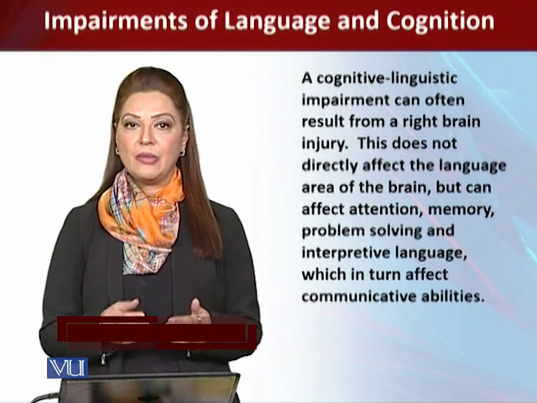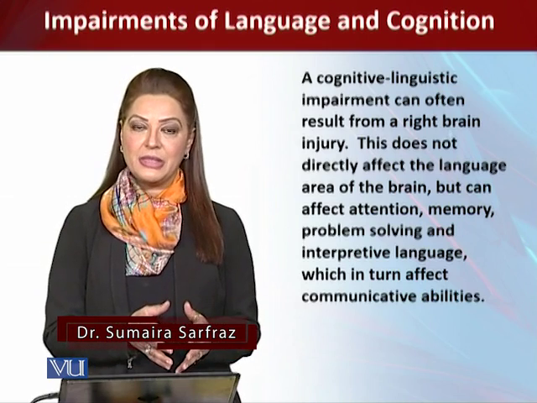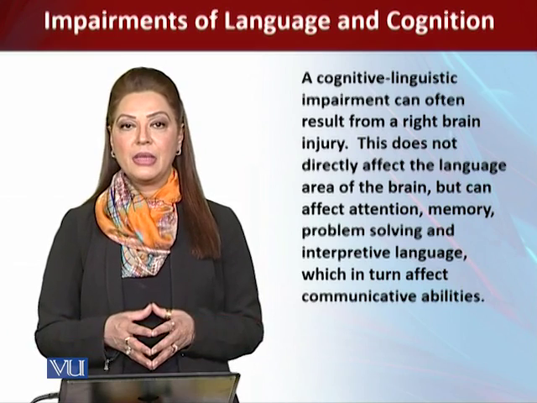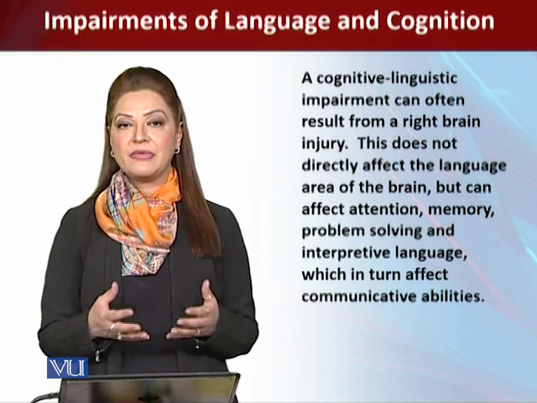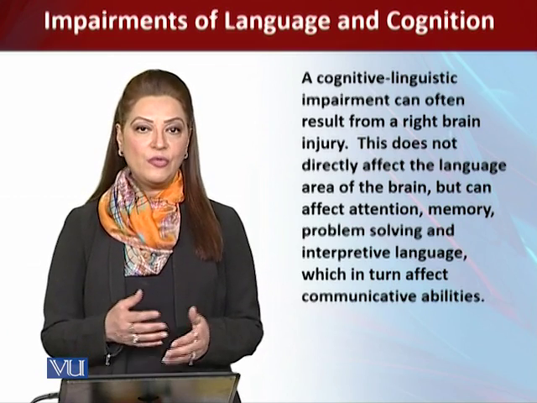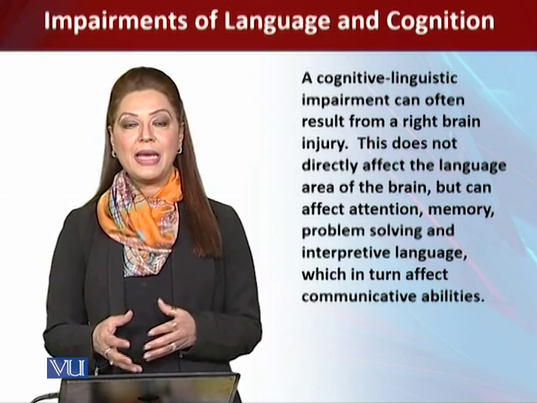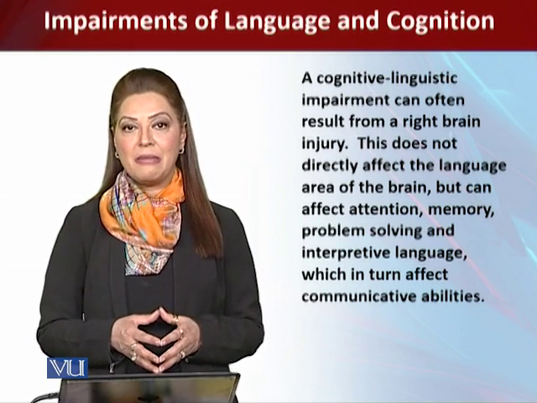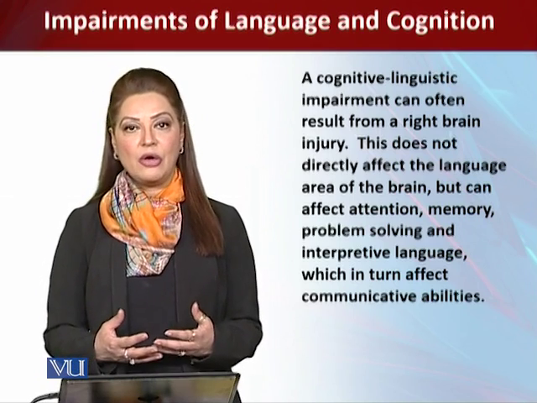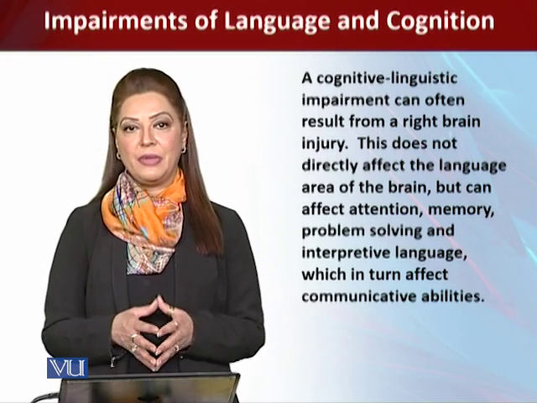So we know that one area which is affected, or impairment in one ability, might affect the other. For example, because language, cognitive abilities, attention, and memory overlap, impairment in language and cognitive functions might arise as side effects of impaired attention and memory.